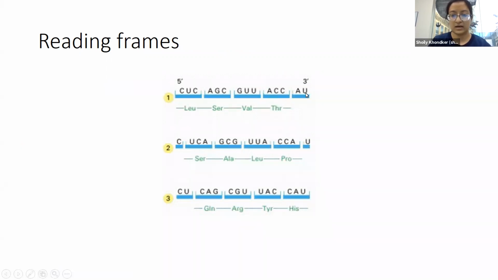You'll notice the mRNA sequence is identical across all 3 of these, but depending on where the first codon starts, they're coding for completely different amino acids. So the start codon is one of the punctuating factors that indicates where translation should start.